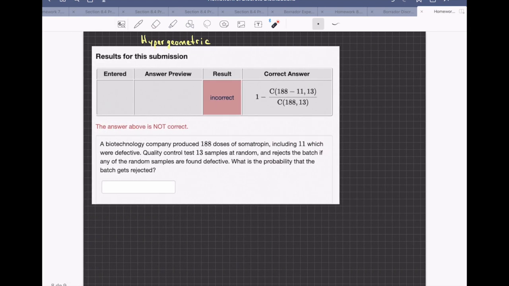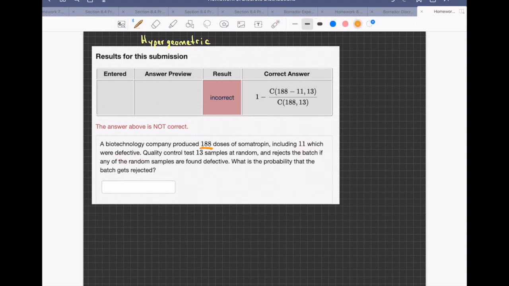Let's see one example. A biotechnology company produced 188 doses of somatropin, I'm sorry if I cannot pronounce this well, including 11 which were defective. Notice, here we are given the information of the total, 188 doses. This is the population. And we know that among them, 11 are defective.